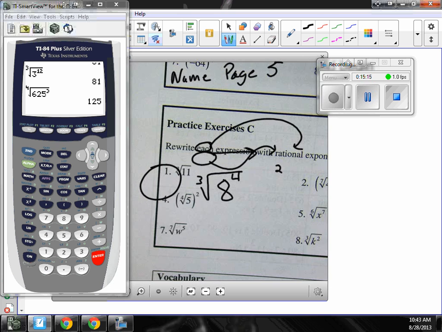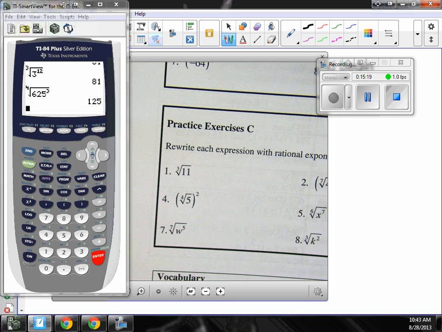Okay? Look at number 1 on the second set. 11 raised to what power? What's that? Where does the 3 go?